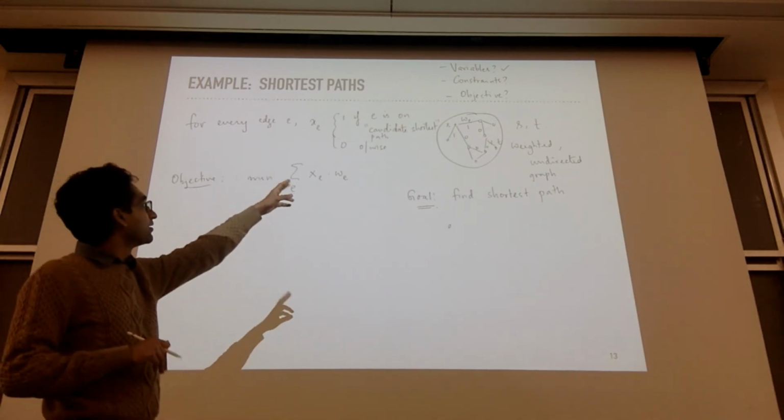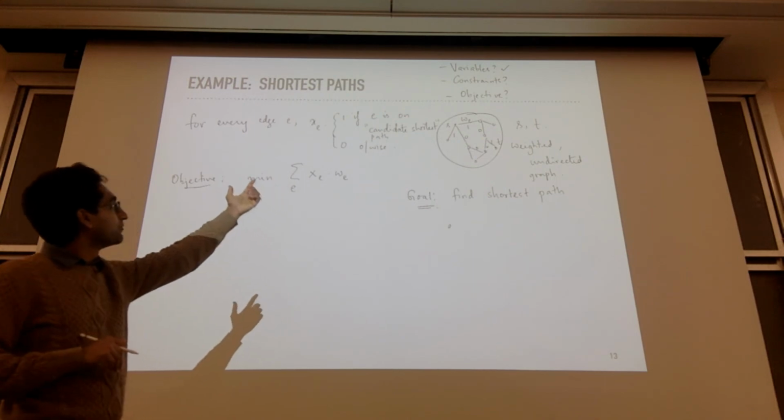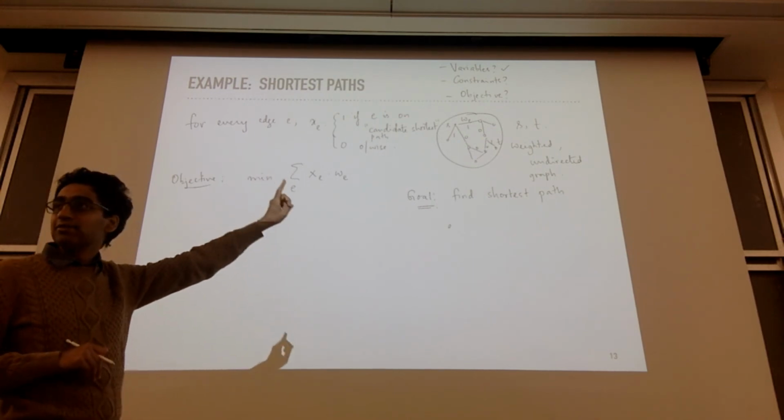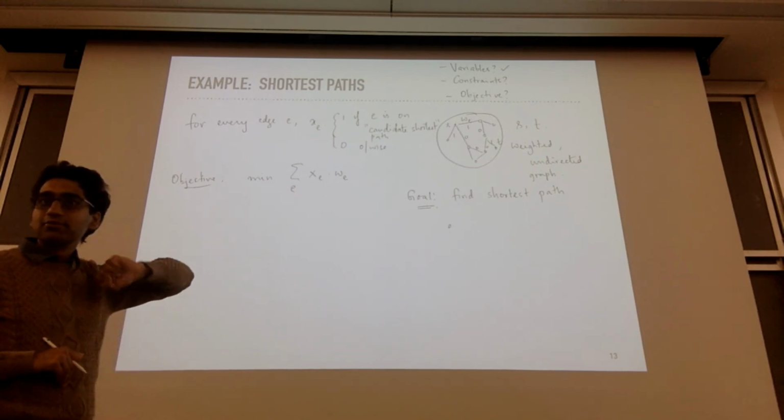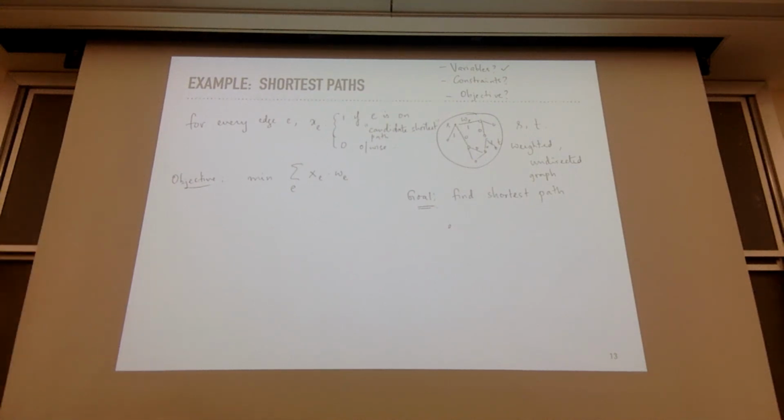This is not a valid solution because the ones don't give you a path going from S to T. So you've got to write constraints that weed out solutions of this kind.